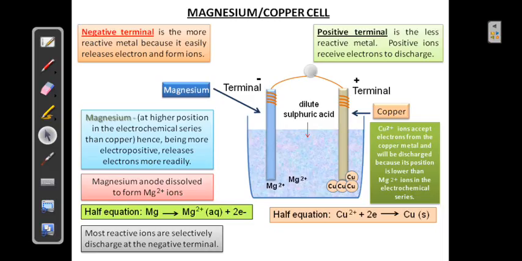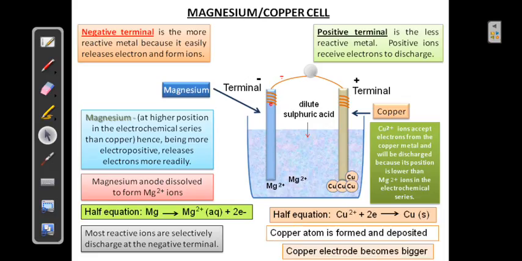Copper 2 ions accept electrons from the copper metal and will be discharged because their position is lower than magnesium 2 plus ions in the electrochemical series. So the half equation is copper 2 ions, when they receive 2 electrons, will be discharged and form copper metal solid.